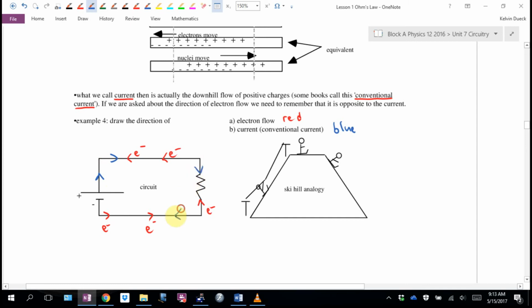So here's the current. Oh, I think I forgot to say the letter I is used for current. So I is for current. Current flows up the chairlift and then downhill. It goes up the chairlift and then downhill, as opposed to the other way around.